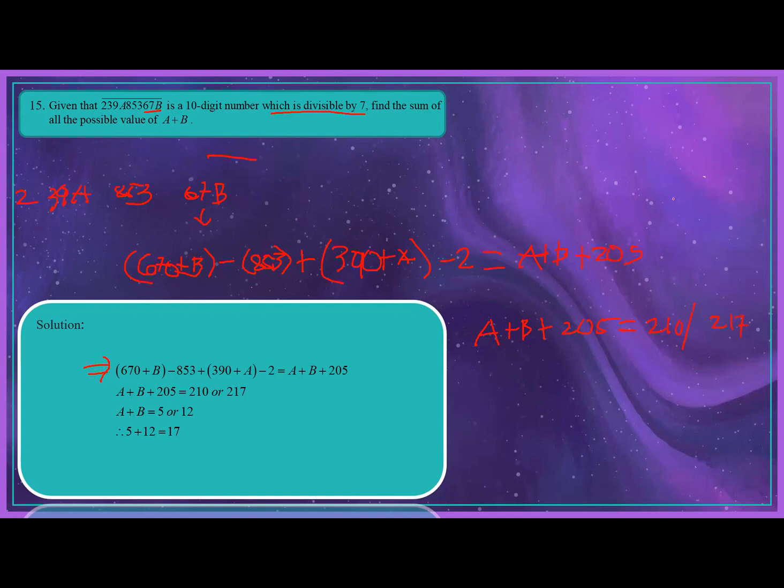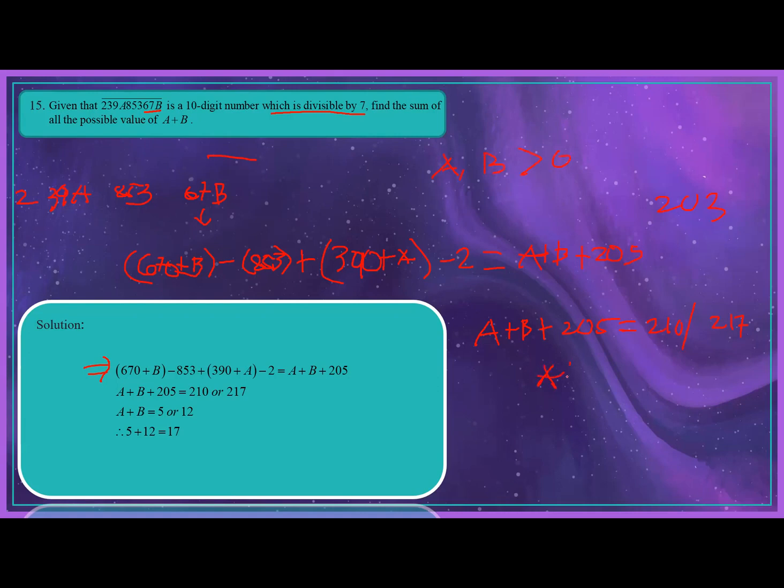Okay, so basically you don't need 203. Why? Because a and b should be greater than 0, right? Because they are digits.